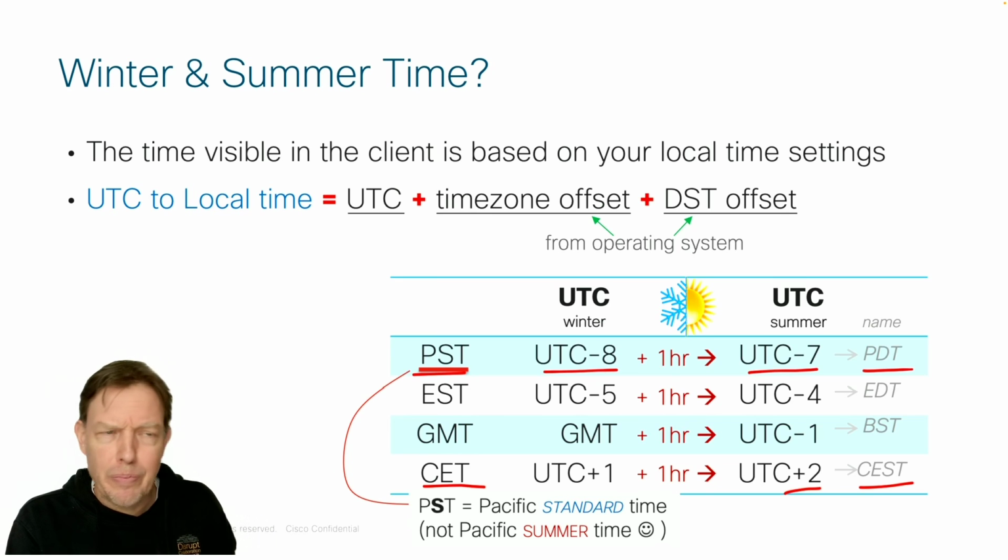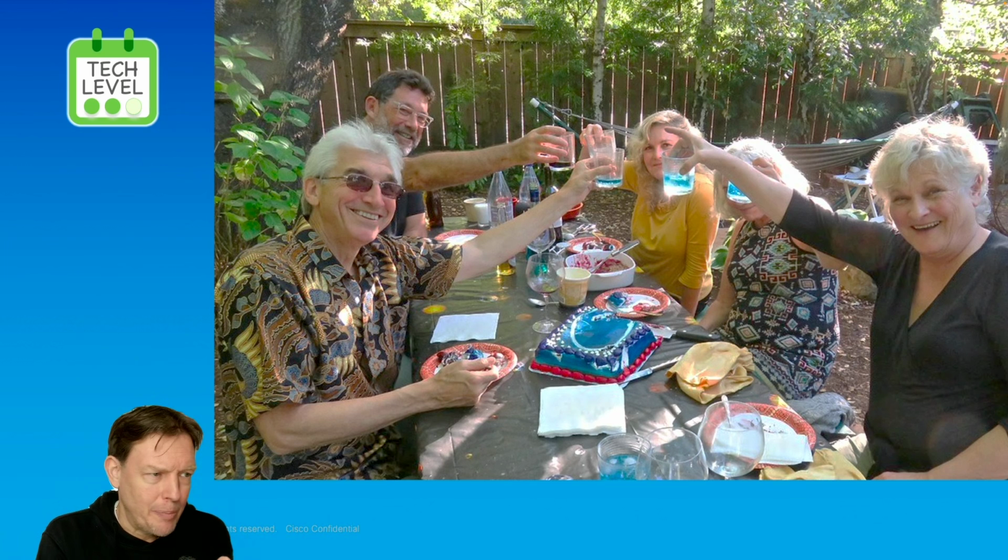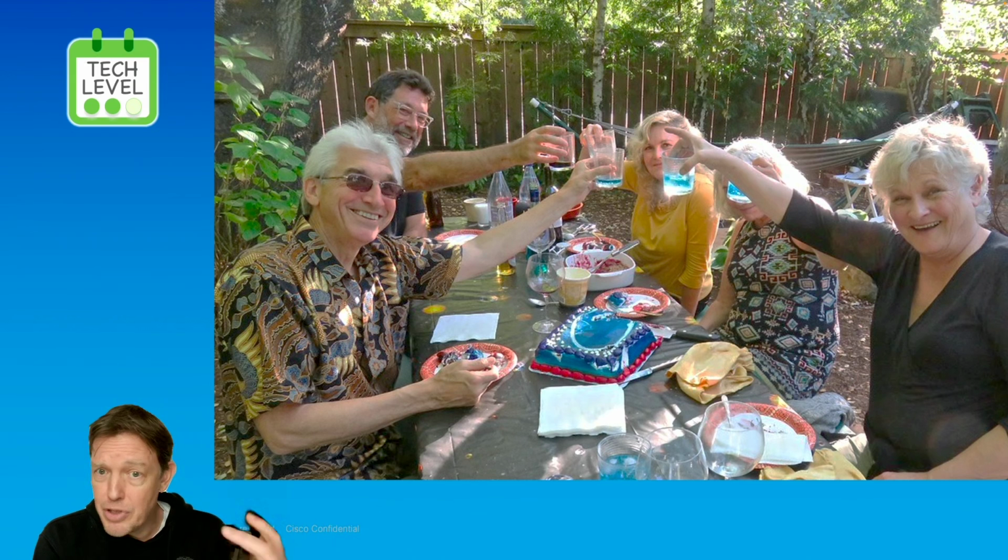Even though the Python programming language calls it different. So remember, the next time you're at a party or a barbecue with family or friends, tell them all about DST, UTC, offsets. I mean, they'll love it.